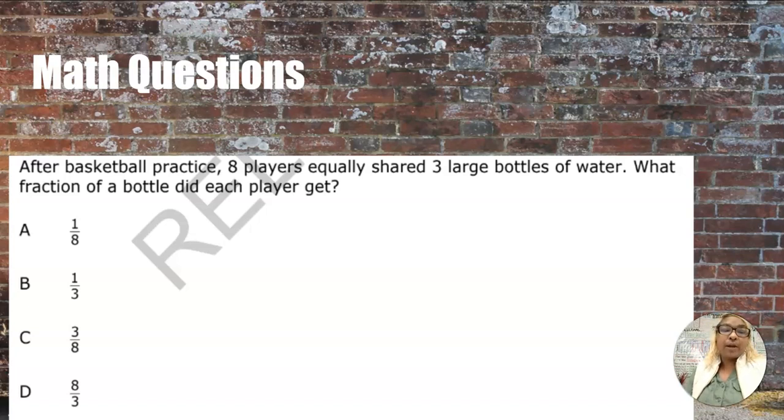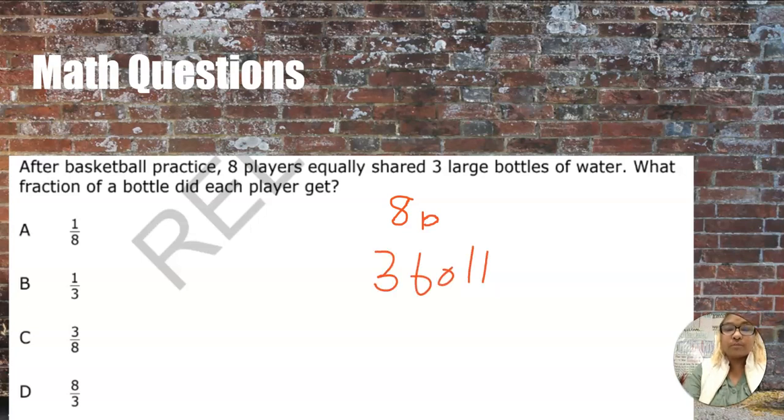After basketball practice, 8 players equally shared 3 large bottles of water. What fraction of a bottle did each person get? Right off the bat, what I tell my students is to go ahead and figure out what information you know. We have 8 players, and we have 3 bottles.